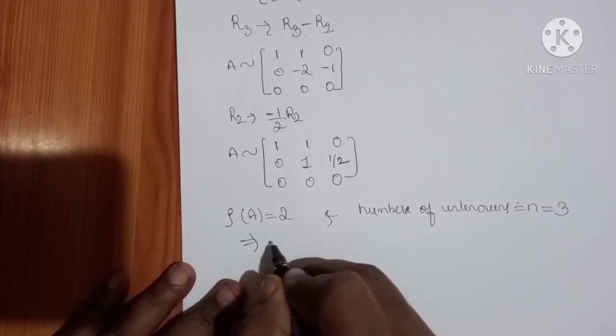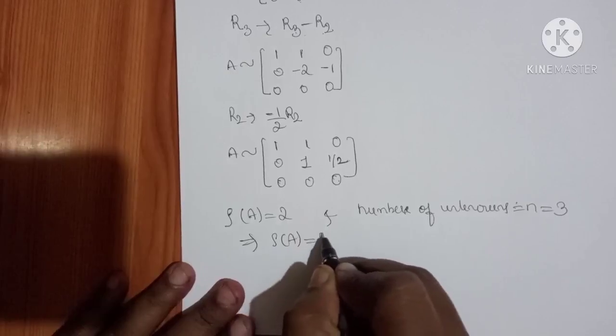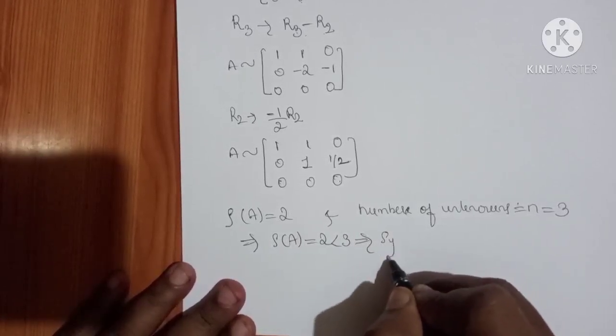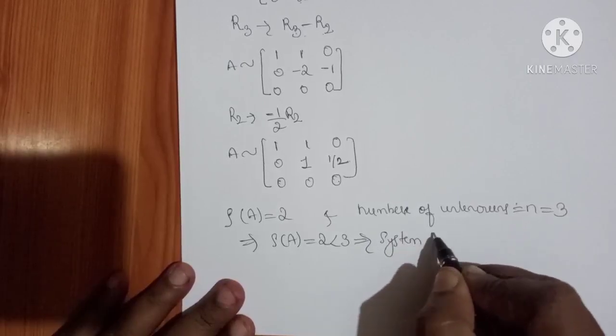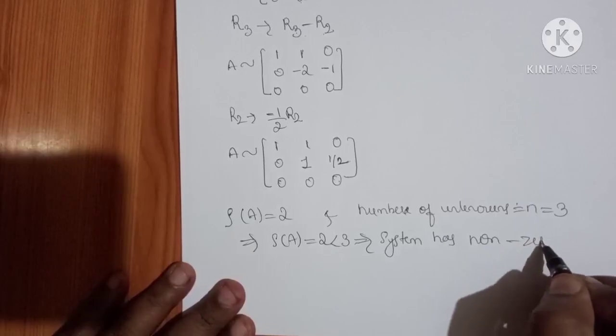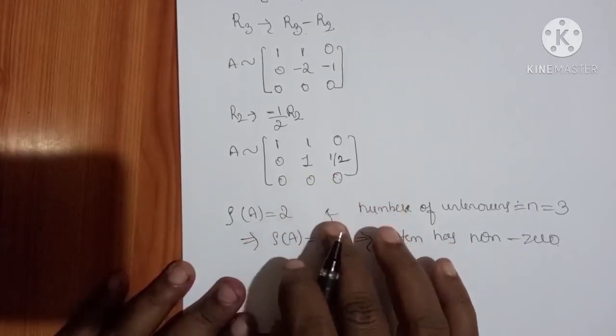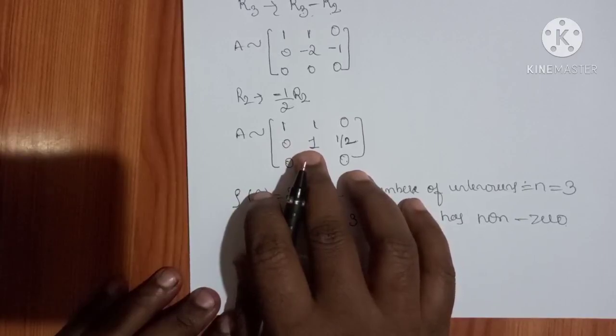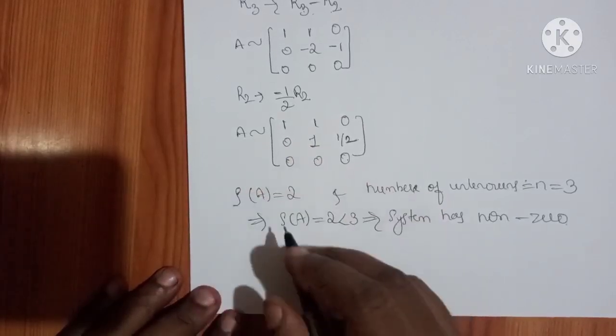Therefore rank of A equals to 2 is less than 3, which implies that the system has a non-zero solution.